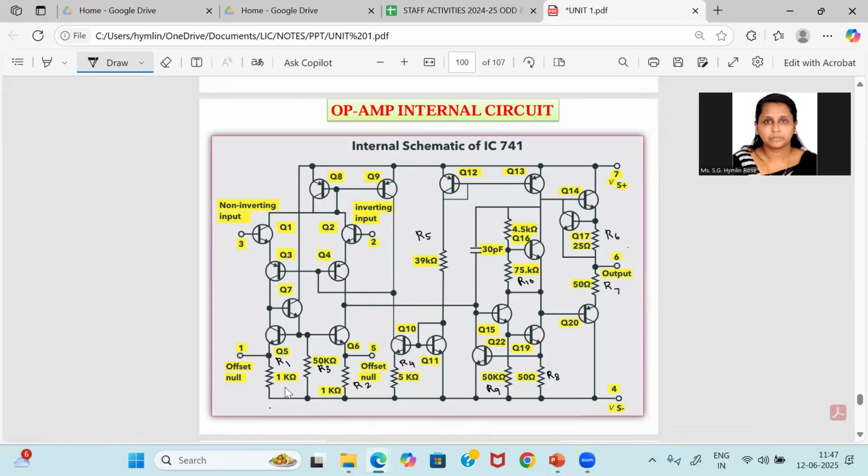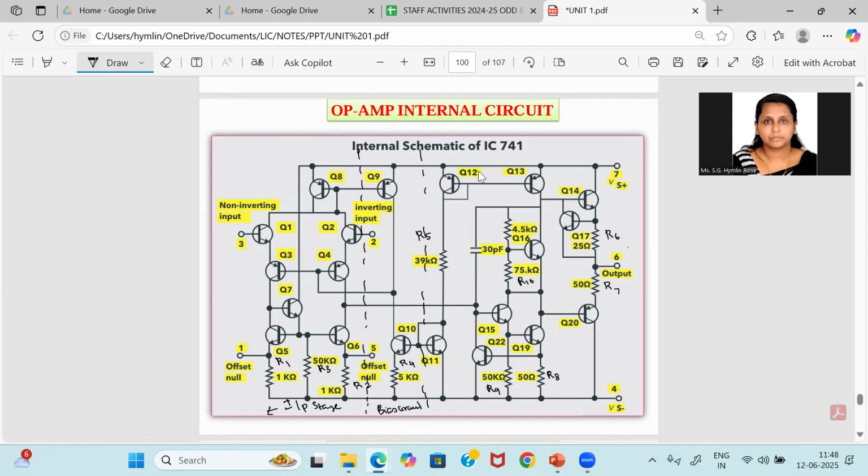The first stage, up to this point, is called the input stage, followed by the bias circuit. This is the bias circuit.